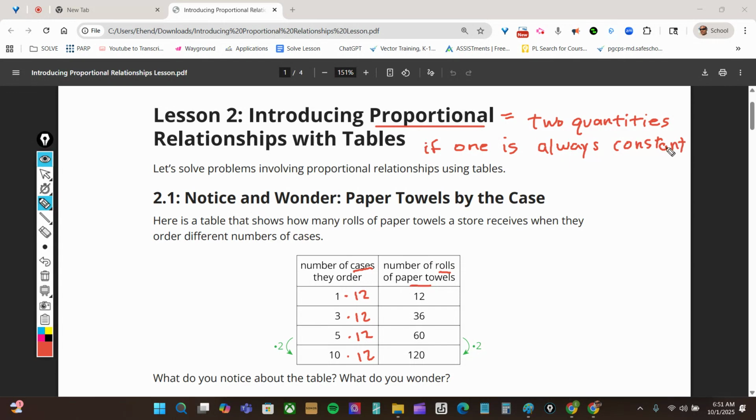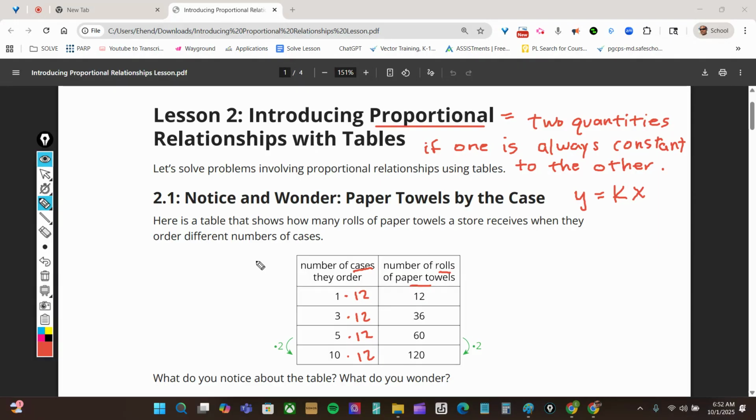Constant to the other. So the rule is, y equals kx.